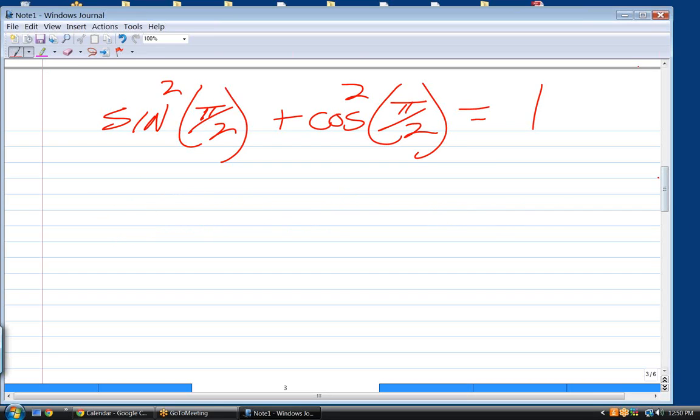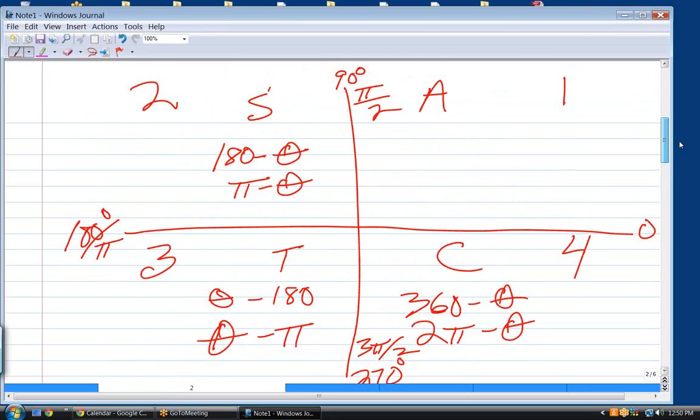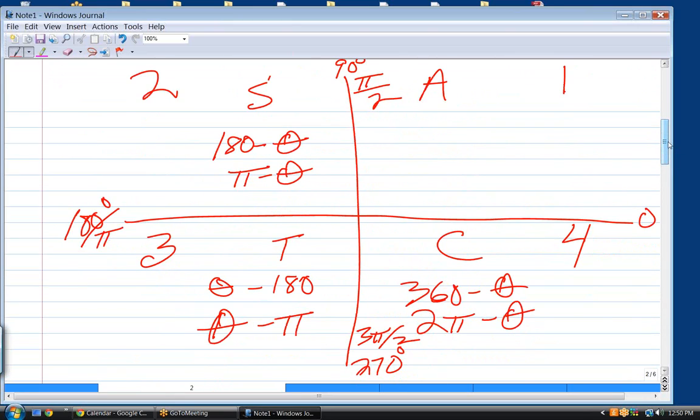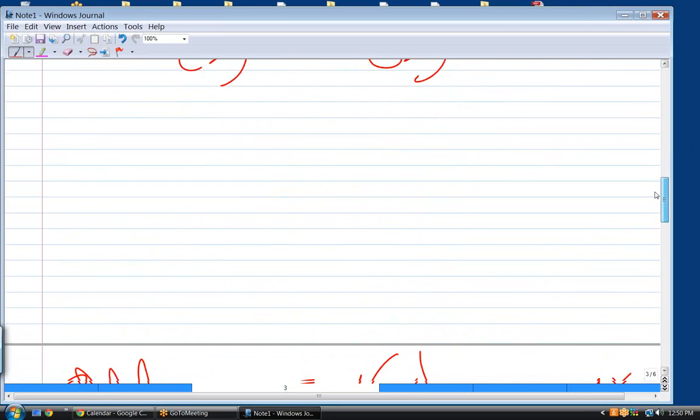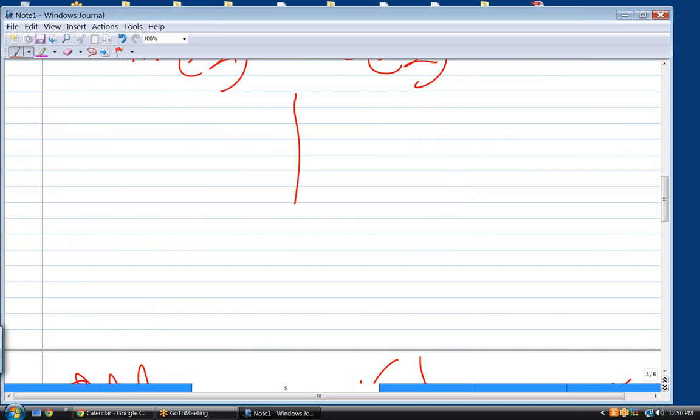However, let's go through and prove it. Well, first of all, let's talk about the quadrangles. So far, the only thing we've talked about are multiples of 30, 45, and 60. We haven't talked about the quadrangles. The best way to handle the quadrangles is to memorize the two curves.